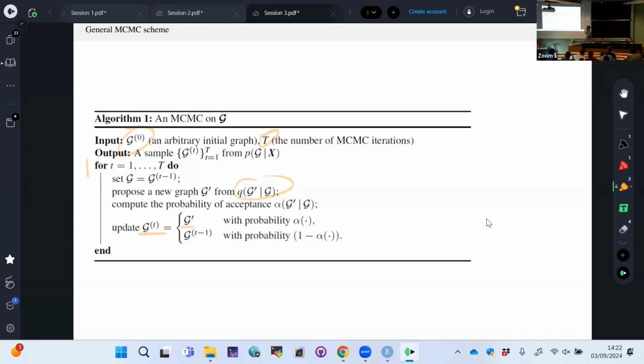Otherwise, with probability 1 minus alpha, we will not accept the proposed graph, and the graph at time T will be equal to the graph at time T minus 1. So we don't move in practice. If we iterate this procedure for a number of iterations, capital T, then we obtain a sample from an approximate posterior distribution over the space of graphs. Is it okay?